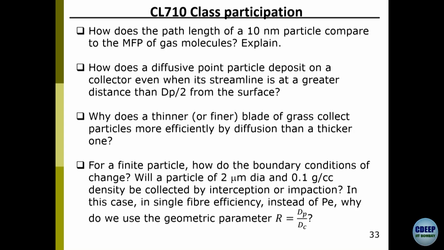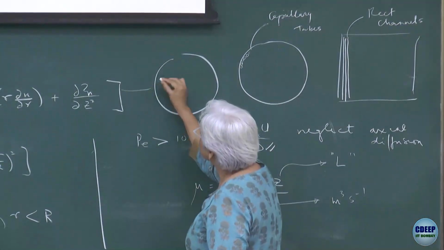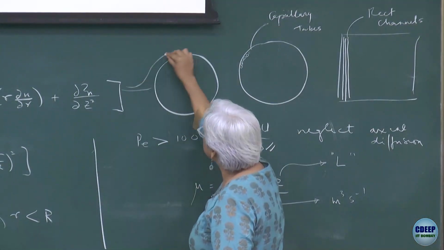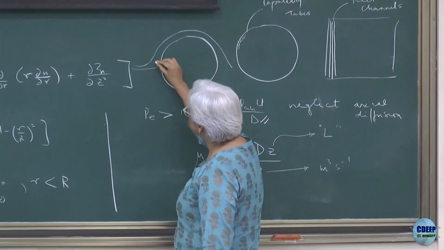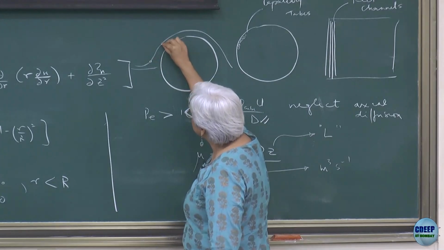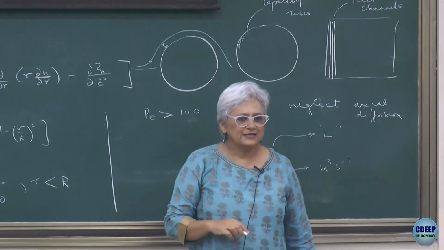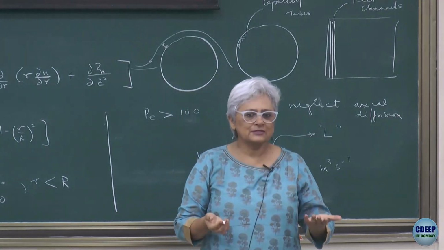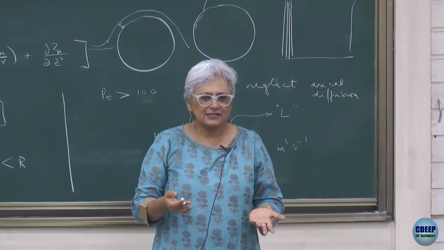Now let's make this into a collector, and we have a diffusive particle, and we have this streamline, and let us say the diffusive particle has a small diameter and the streamline is definitely much further away than dp by 2. How does the diffusive particle really reach the surface of the collector?